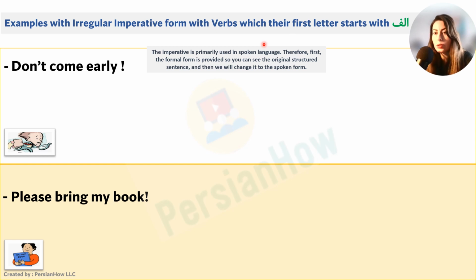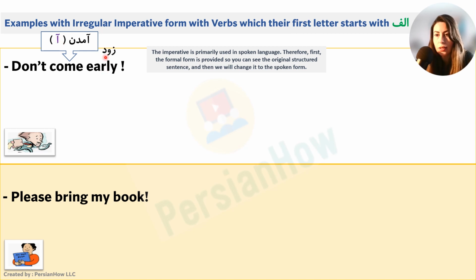Now let's take a look at two examples with irregular imperatives with the verbs whose first letter starts with aleph. Alright, so for example here, don't come early. So here the verb to come in Farsi is آمدن, and a here, just one letter aleph, is the present stem.